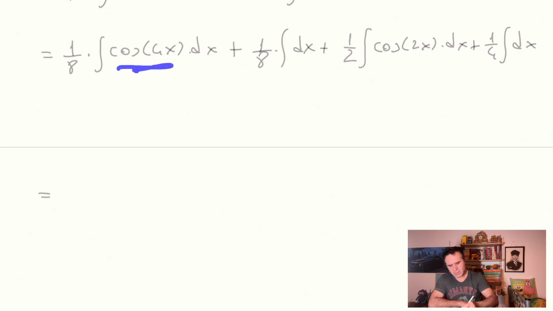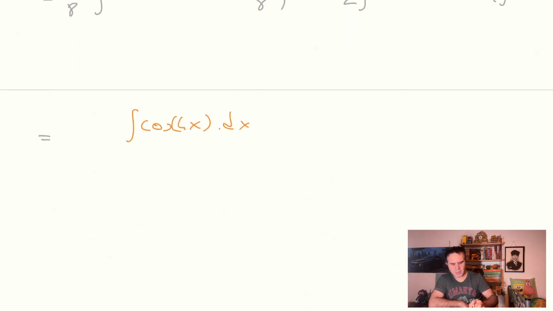Let's see. The integral of cosine 4x. Actually, this is easy, but I will use substitution here and show you.